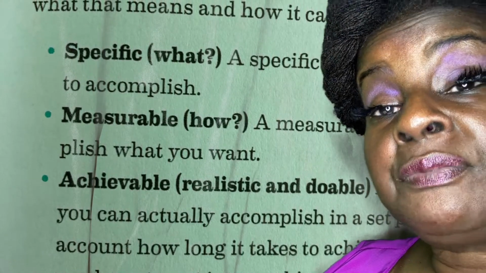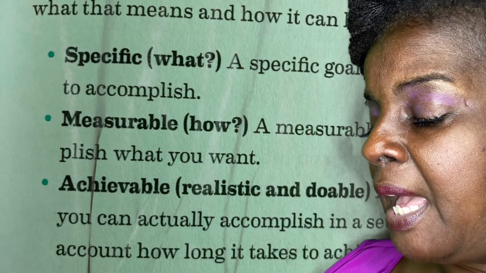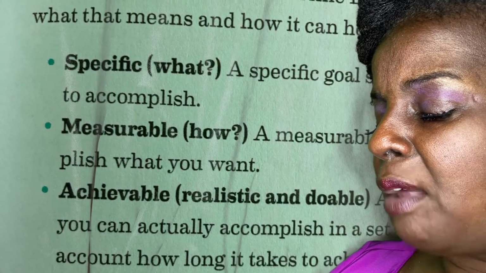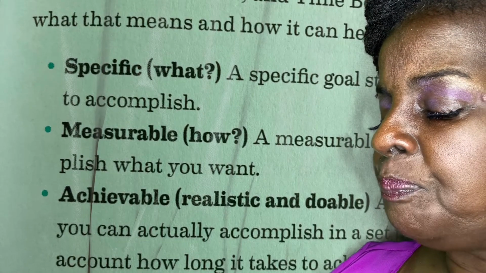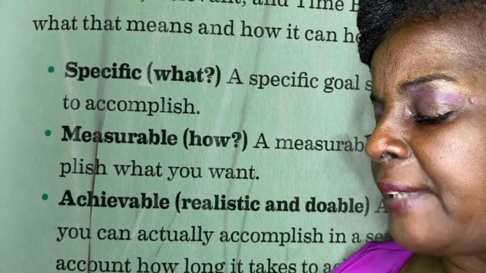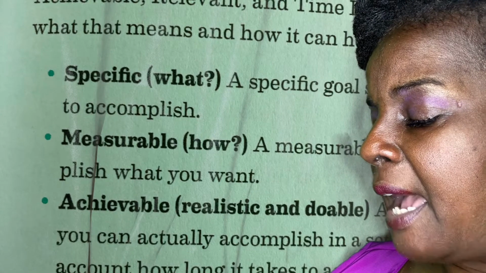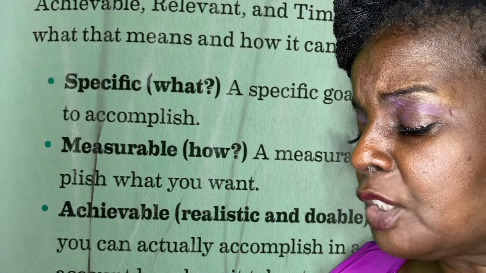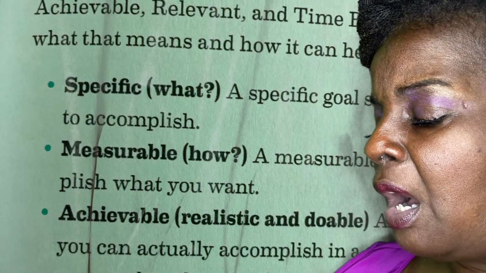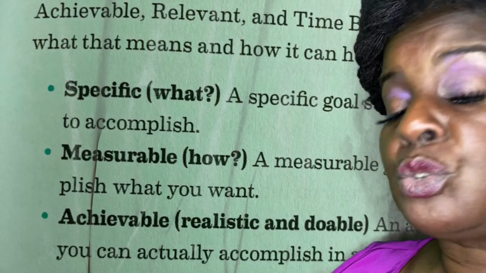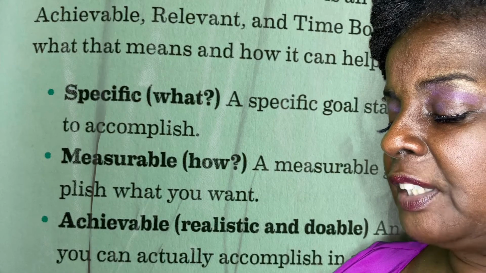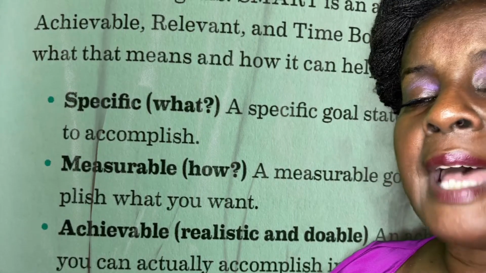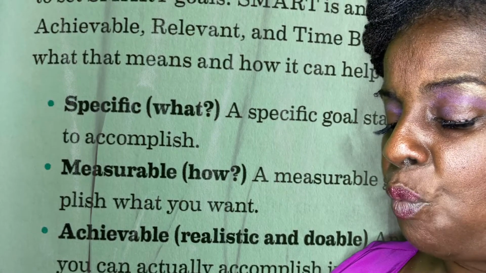This goal is very specific because I spell out exactly what I want to do and how long it's going to take me to do it. And by saying that I will practice 10 minutes 3 times a week, the goal is measurable. It is relevant to my overall goal of nurturing my intellectual self-care. Finally, the goal is time-bound because I said that I was going to do it for 1 month.